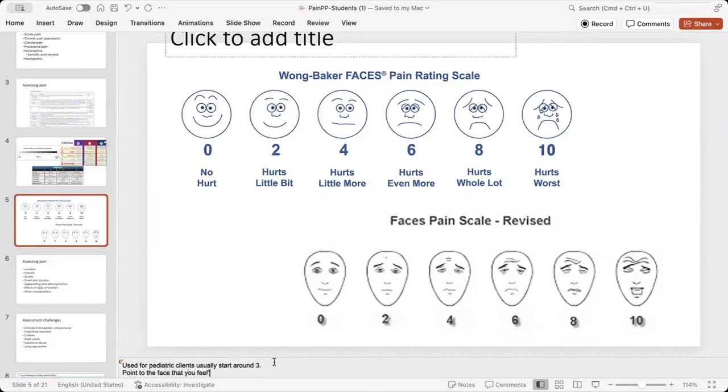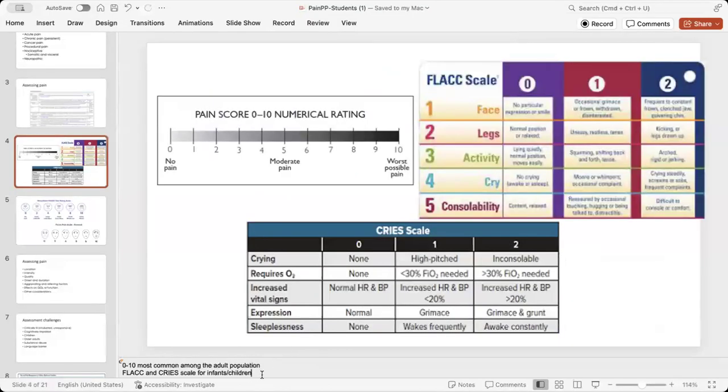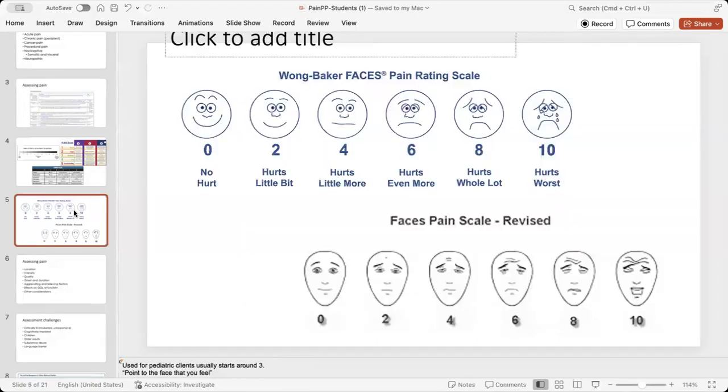The client is using that scale, okay? For the FLACC and CRIES scale, who's doing the scale? The nurse. Right, you are assessing that client, okay? When we're using the Wong-Baker face and faces revised, we're having that client point to how they feel.